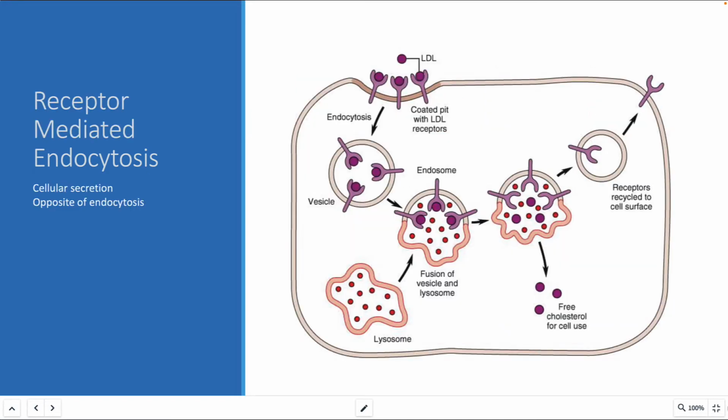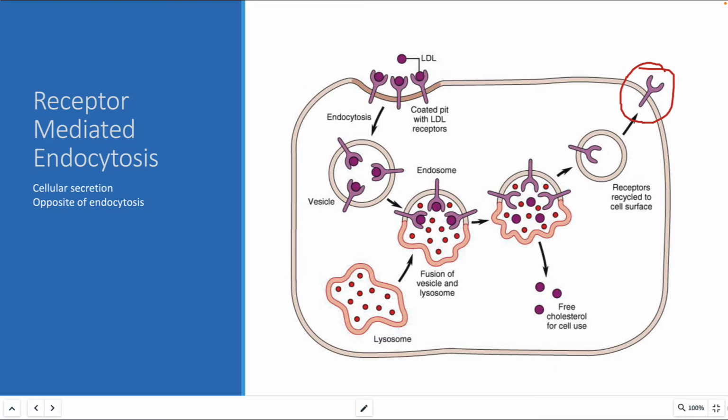There's something called receptor-mediated endocytosis. So how does the cell know that it's going to bring something into it? Well, it often has to be signaled to do so. And so one of the ways that signaling can happen is with a receptor here on the cell membrane.